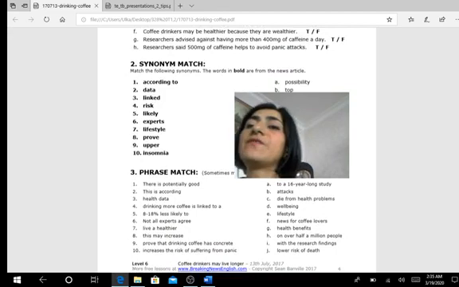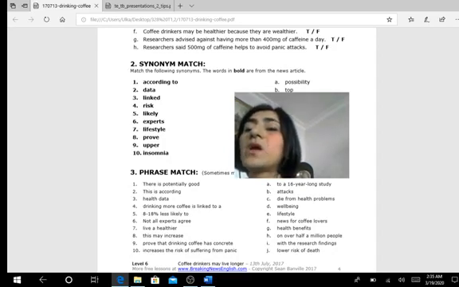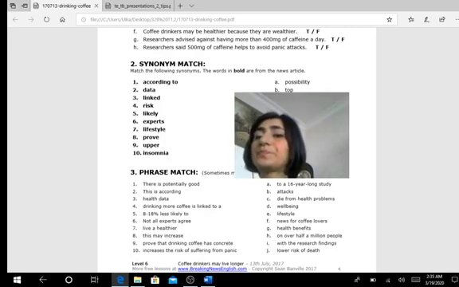Here you see match the following synonyms. The words in bold are from the news article. So on the left you have bold words, and you have to find the best match on the right column. That's again according to your context. Listen carefully. You can replay a few times to find your answer.